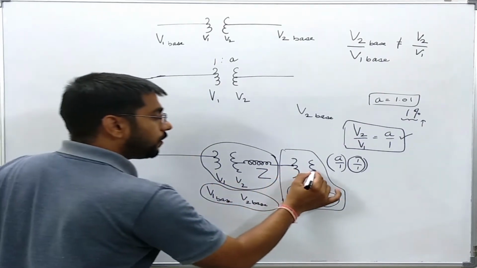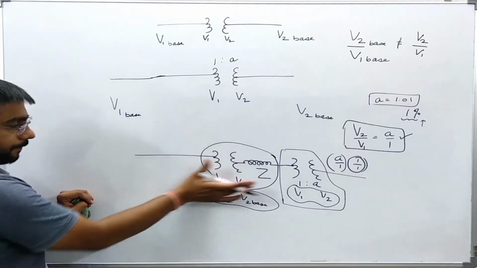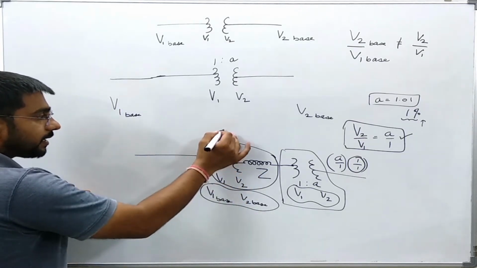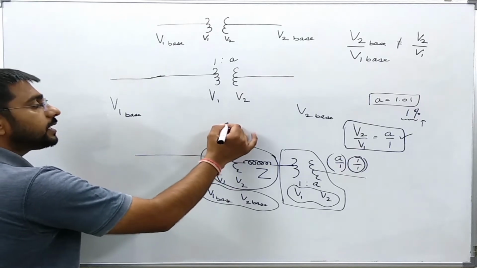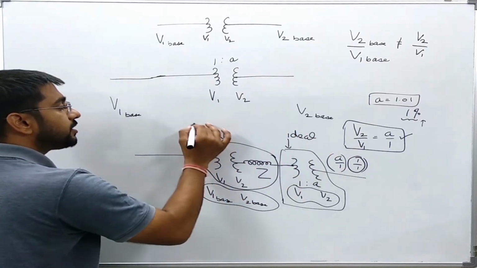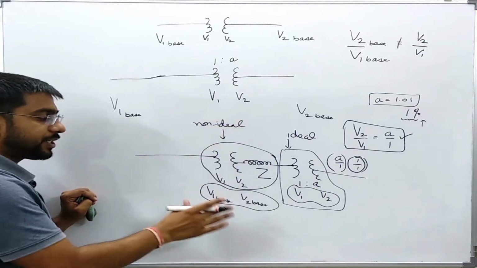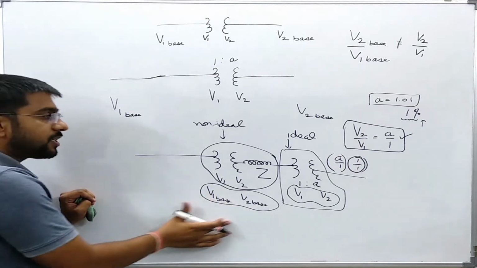Okay, so the beauty of this bifurcation is that this is the ideal transformer, and this is the non-ideal transformer, which has a transformation ratio in terms of the base voltage only.